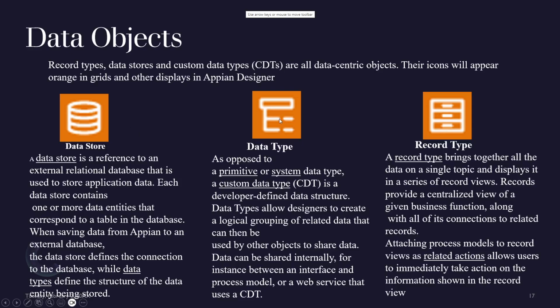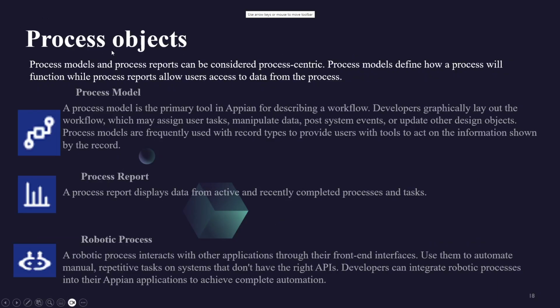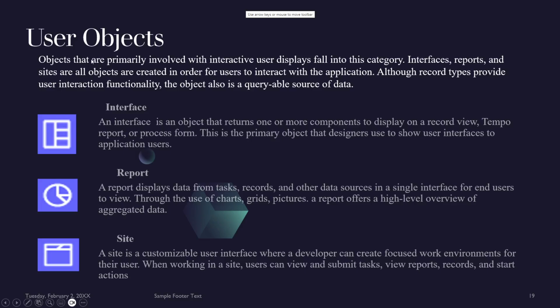Okay. So the first thing I'll show you is the category, right? We categorize Appian design objects into five things. That one is data objects, process objects, user objects, that's actually content for some user interaction.